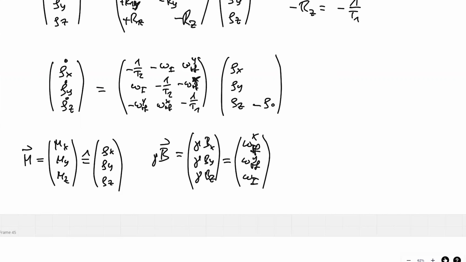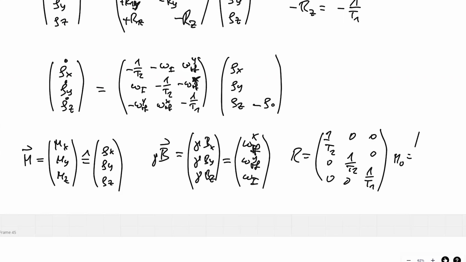And if we say R equals 1 over T2, 1 over T2, 1 over T1, and M0 equals 0, 0, M0, so the vector equals 0, 0, rho 0.